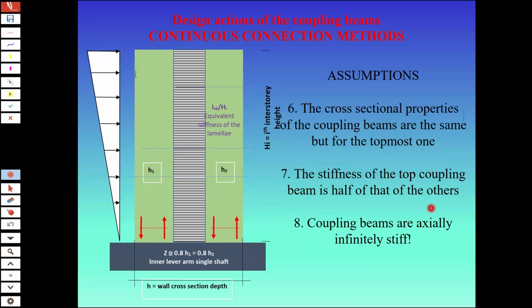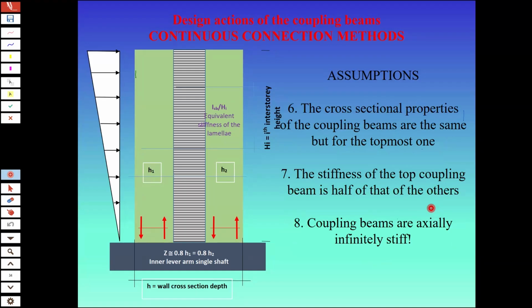The cross-sectional properties of the coupling beams are all the same, except for the topmost one, which is half of that, because you smear that on half the story depth and not on the wall story depth.